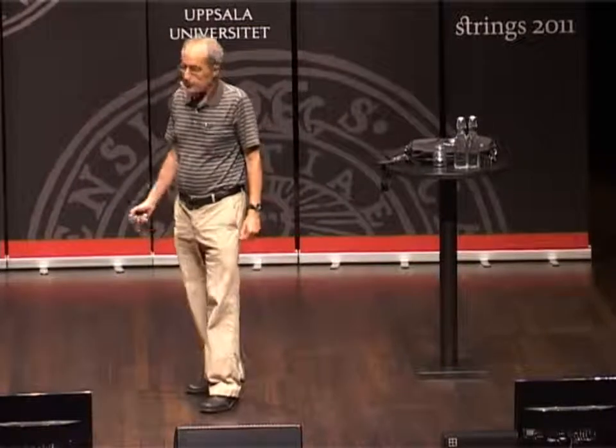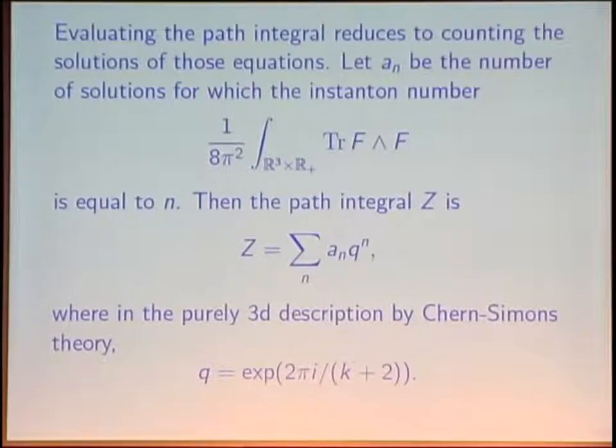Well, to be a little more precise, we have to take into account the Yang-Mills instanton number. We let a_n be the number of solutions of instanton number n. Then the partition function is the sum of a_n times q to the n. Where q is expressed in terms of a coupling parameter of the theory, in terms of the purely 3-dimensional description, q is written this way in terms of the 3-dimensional Chern-Simons coupling k.